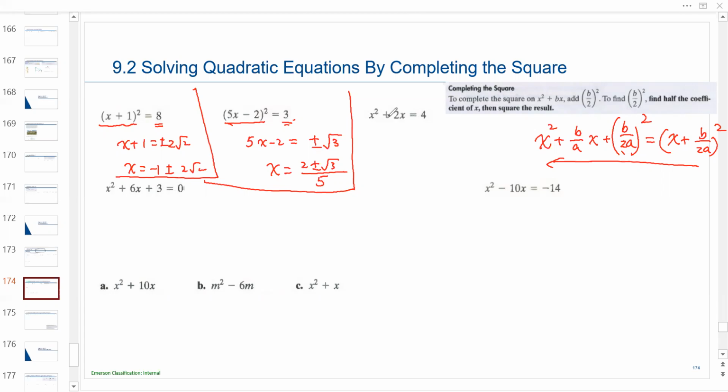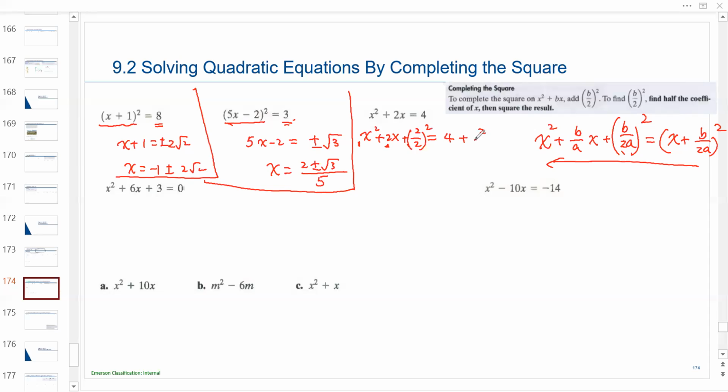But what about this one? We make it a perfect square. How do we do that? You can see the coefficient here is 1 first. Make sure the coefficient in front of this term is 1, and the second term is 2. Take half of this one to make the perfect square.